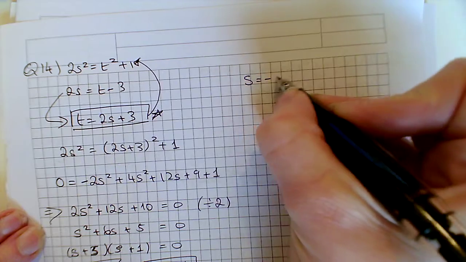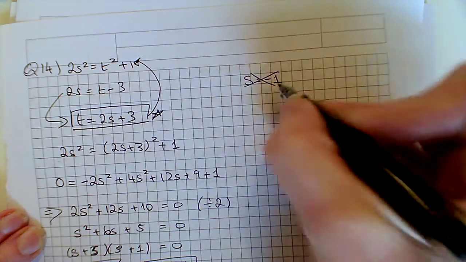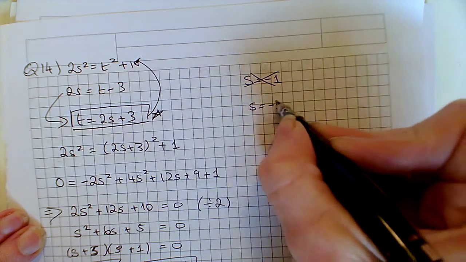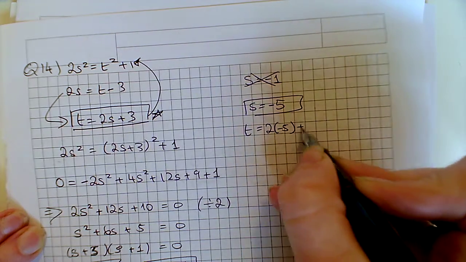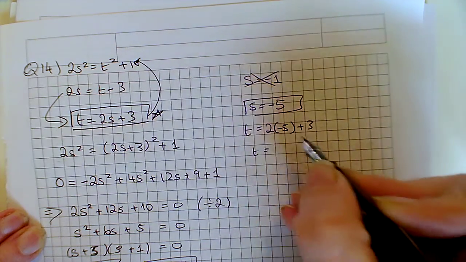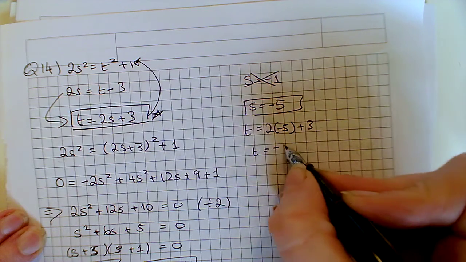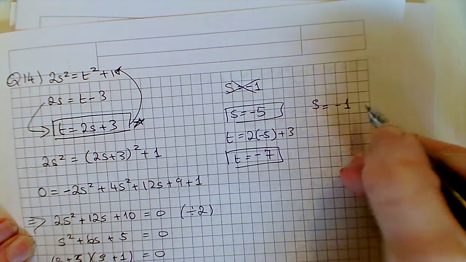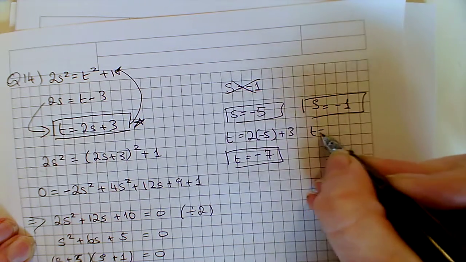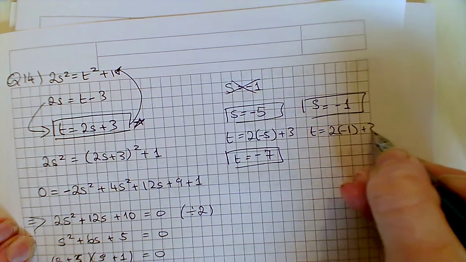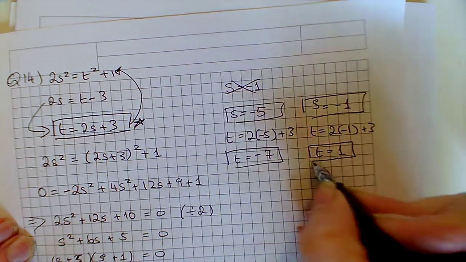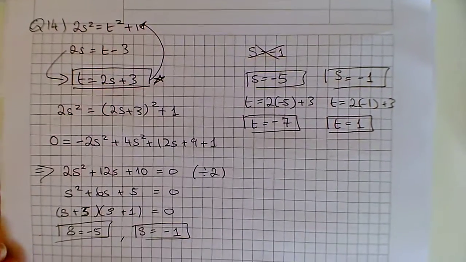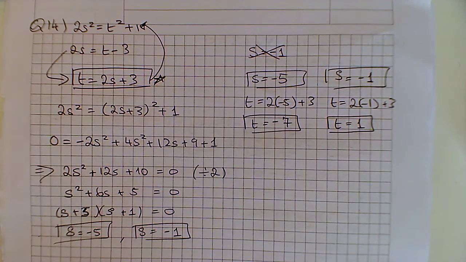When s is minus 5, t is 2 by minus 5 plus 3, so t is minus 7. And when s is minus 1, t is 2 by minus 1 plus 3, so t is 1. And there we have our answers. So it looked maybe a little bit different to what we'd seen before.